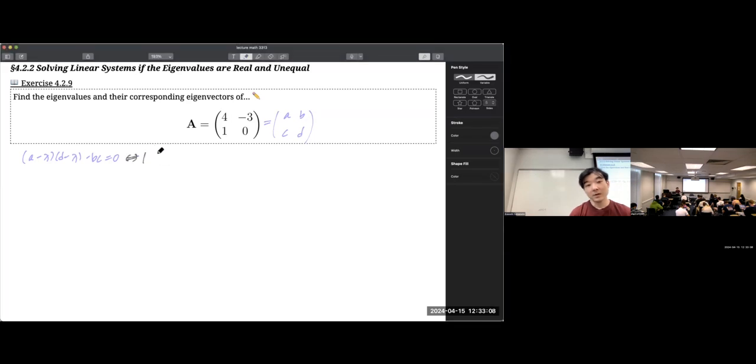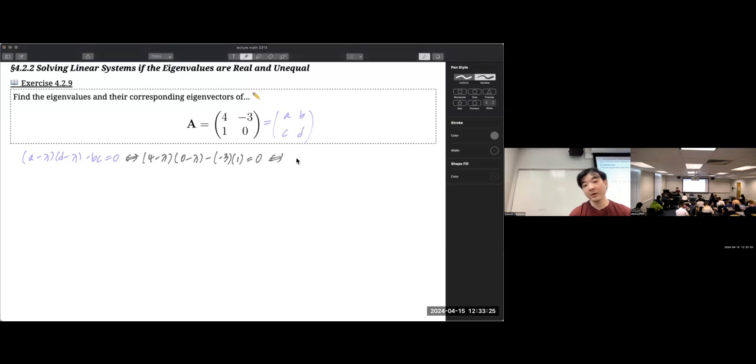So you'll have 4 minus lambda. D is 0, so it's going to be 0 minus lambda. Minus the b, which is -3, times 1 is equal to 0.